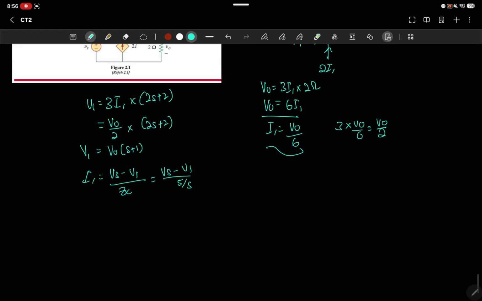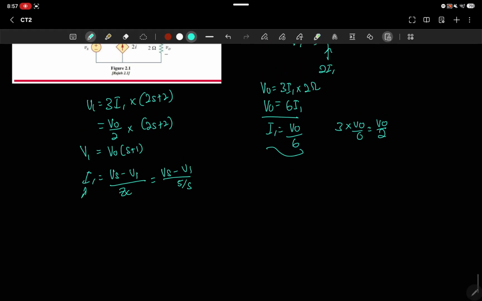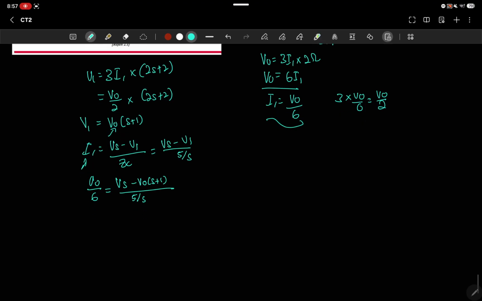Now do we know Vs? No, but we know that I1 is Vo over 6, which is equal to Vs minus V1, which is Vs minus Vo times s plus 1, over 5 over s. Now if we write it in the correct form, we would obtain as thus.